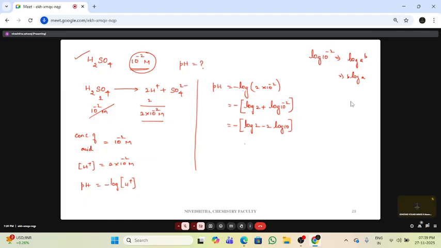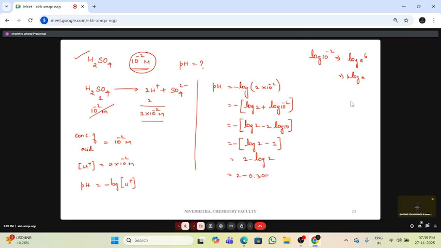And what is the value of log 10? 1. Very good. So 2 into 1 is 2. Then we multiply the negative sign inside, so this is 2 minus log 2. What is the value of log 2? 0.3010.